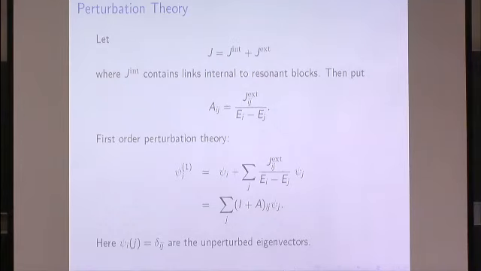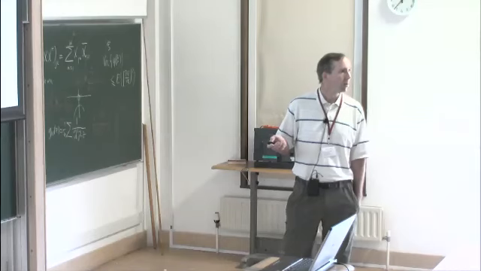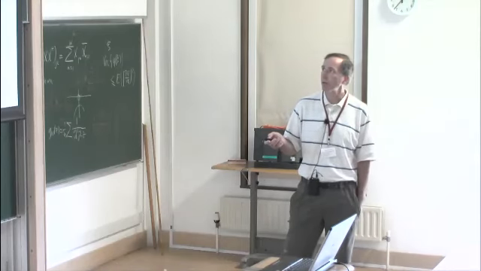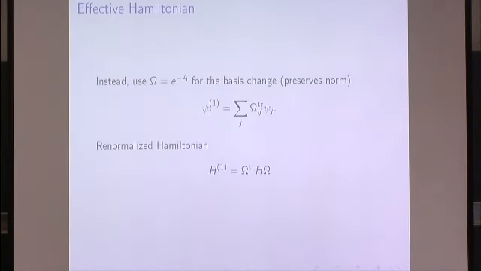Okay, so that would be standard Rayleigh-Schrodinger perturbation theory. We're going to do something very close to that. Instead of using 1 plus A, we're going to use an exponential of A, which agrees to first order and has the additional nice property that it preserves unitarity, that preserves normalization of the eigenfunctions.